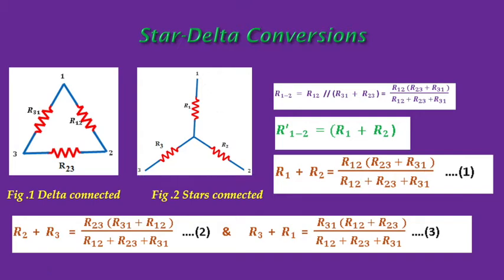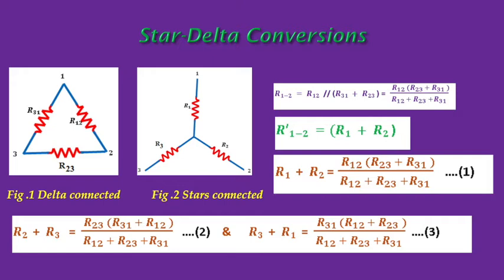From figures 1 and 2, the resistance between terminals 1 and 2 for the delta network is equal to the resistance between terminals 1 and 2 for the star network. For the delta network, resistances R31 and R23 are in series and in parallel with R12.